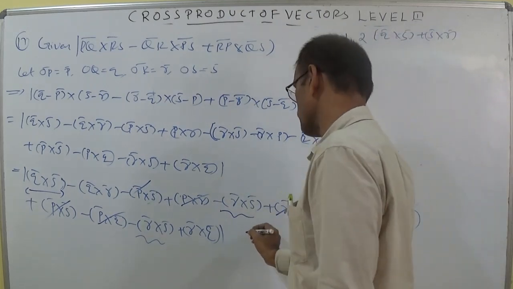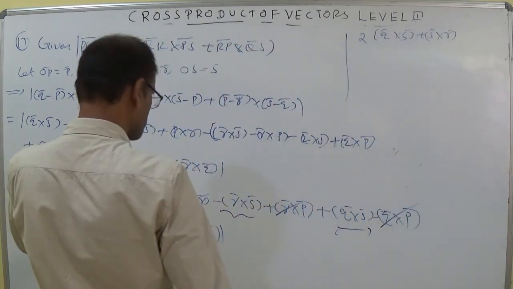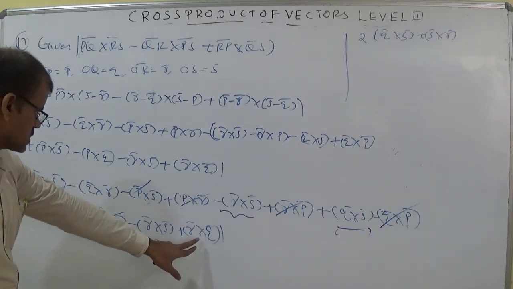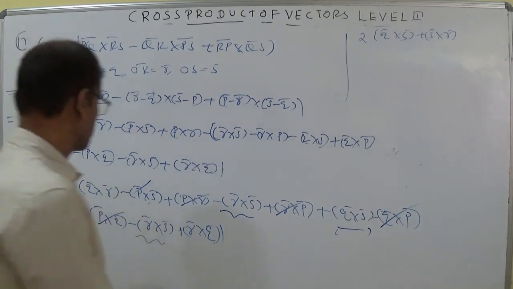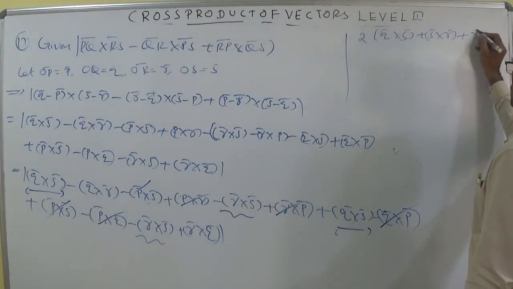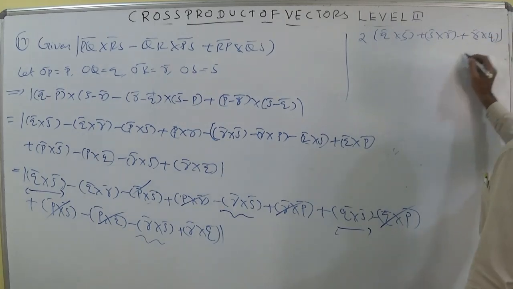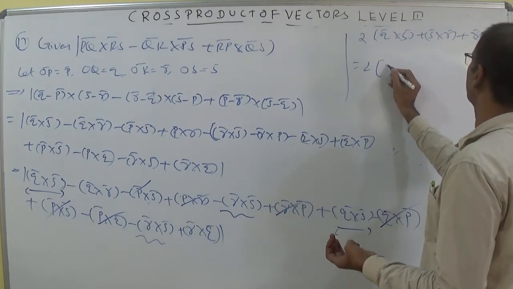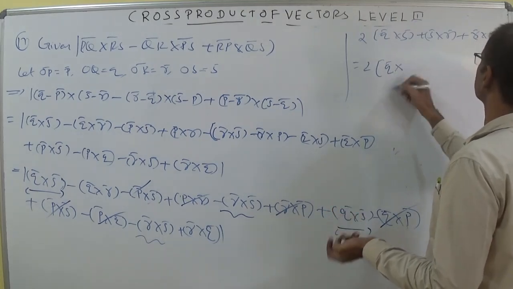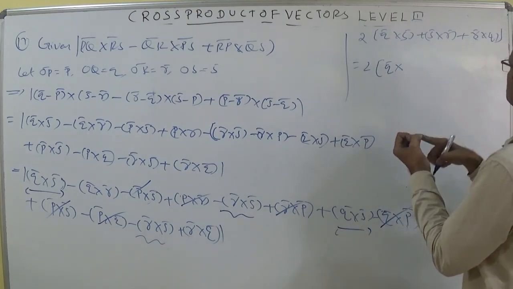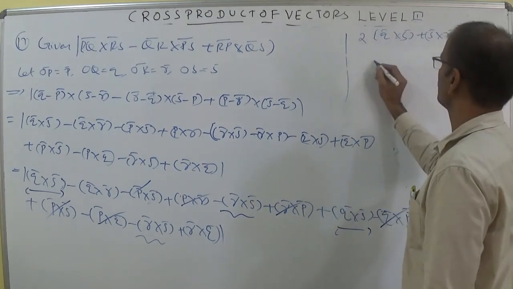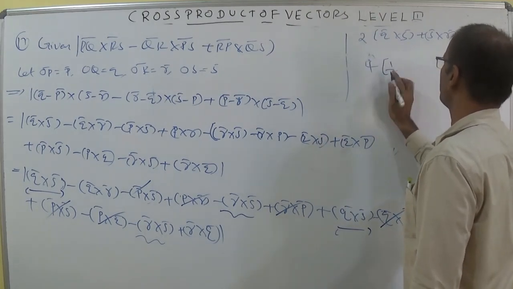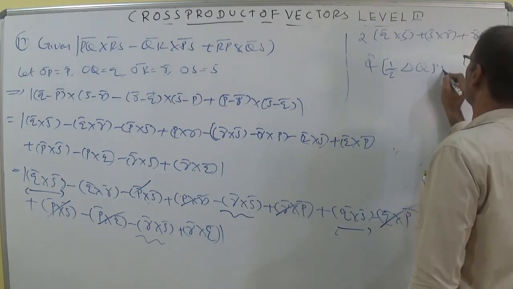Okay, this one completed. Next, minus Q cross R and Q cross R: this is minus plus R cross Q, plus R cross Q. So let us write the order, Q cross R, R cross Q like that. Yes, QRS is there. Directly you can write 2 into, let us write here 4 into 1 by 2 into delta QRS.